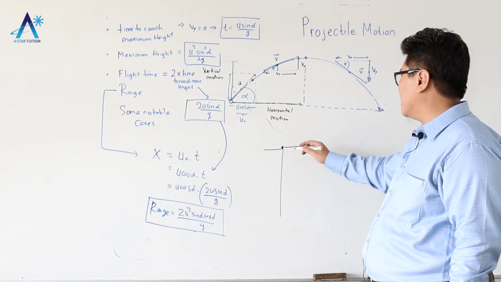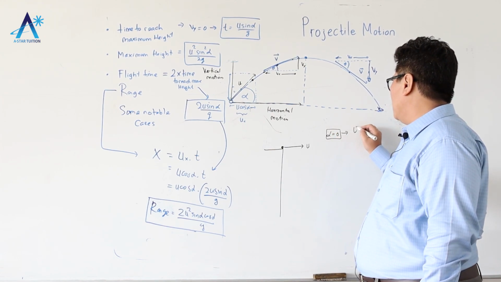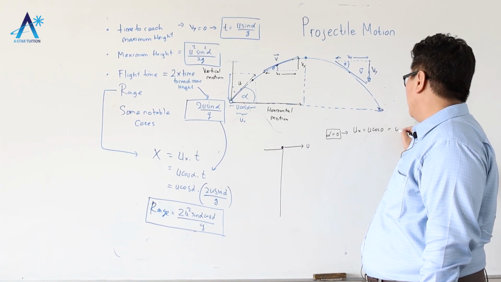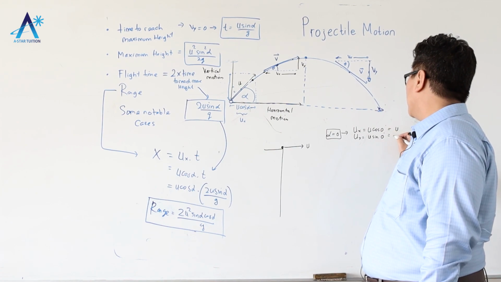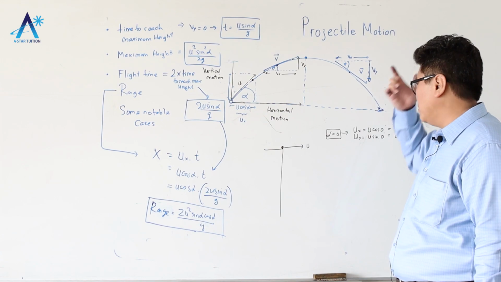So in this case, alpha is 0. When alpha is 0, then ux equals u cos 0 degrees, which is u, and uy is u sine 0 degrees, which is 0.